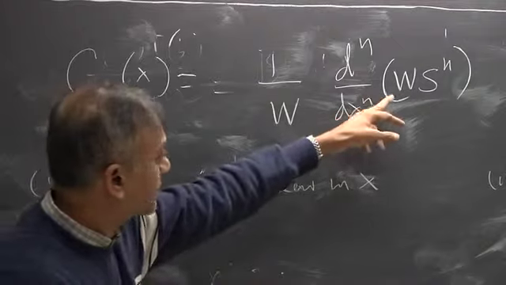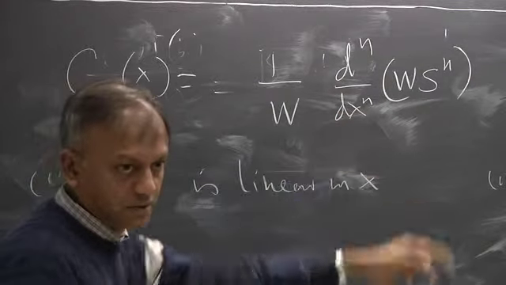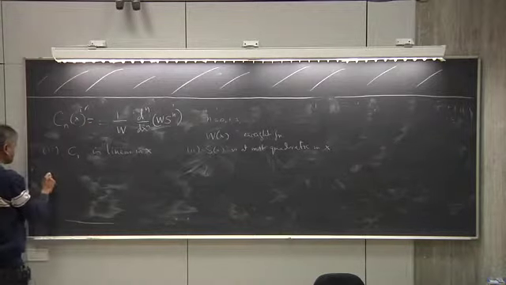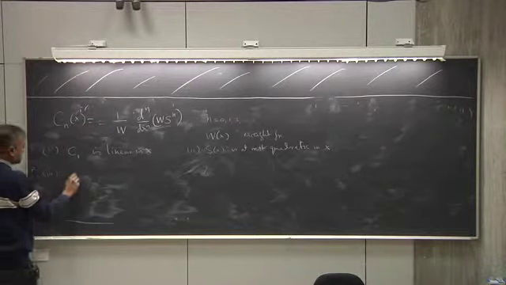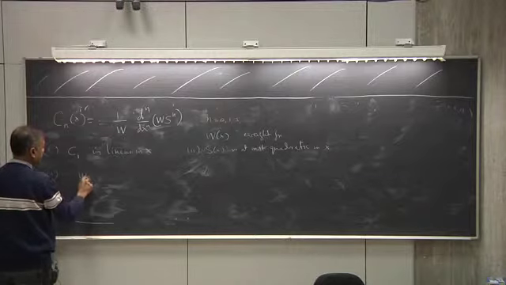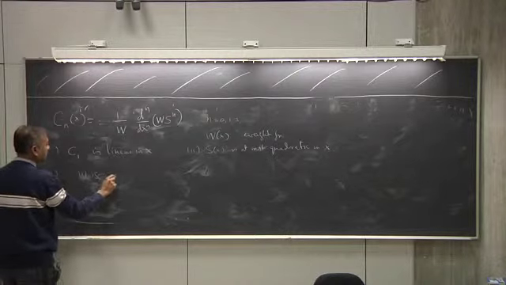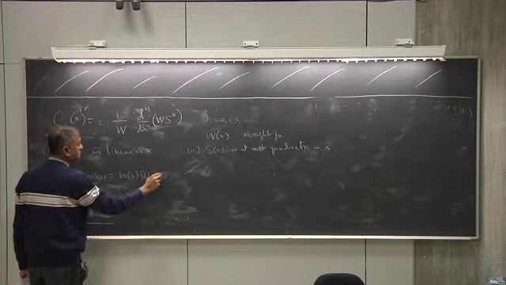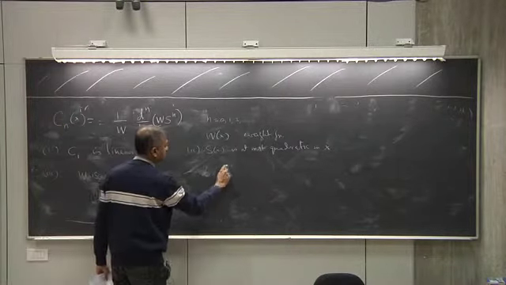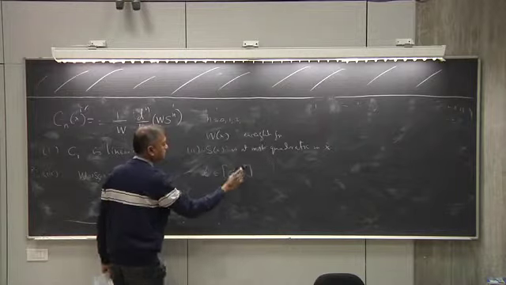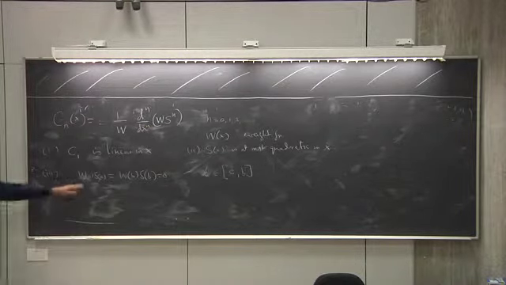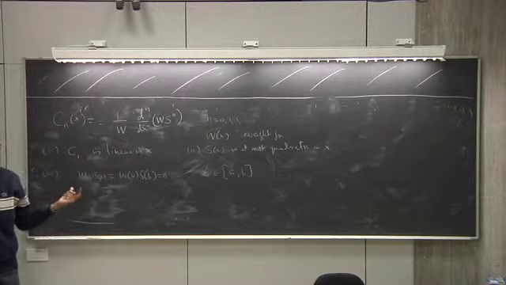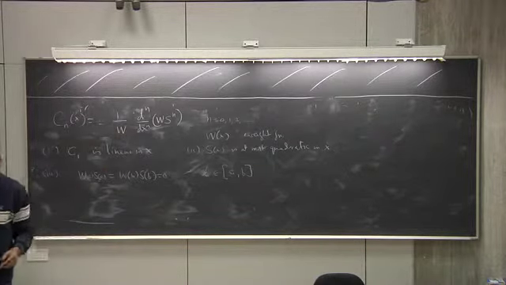So this is an important condition on w. The third condition had to do with the boundary conditions: w(a)s(a) equals w(b)s(b) equals 0, where we are looking at x in the interval a to b. So at the endpoints of the interval, the product of w and s vanishes.